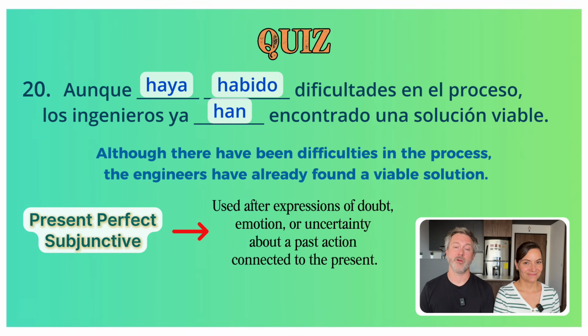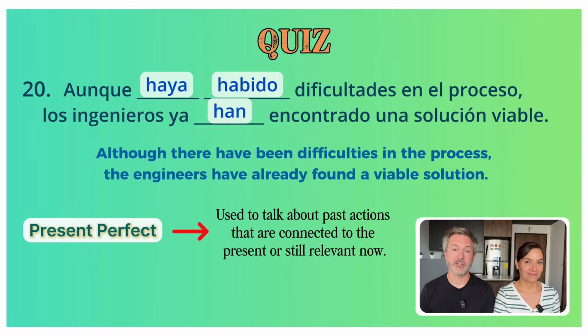In the first part, we again have the double haber. But why do we have haya habido and not ha habido? So haya habido, the subjunctive, is going to be used whenever it doesn't really matter if there were difficulties or not. Whereas we would have used ha habido if we want to emphasize that there were difficulties. That's a fact. This is more like uncertainty or it doesn't really matter.